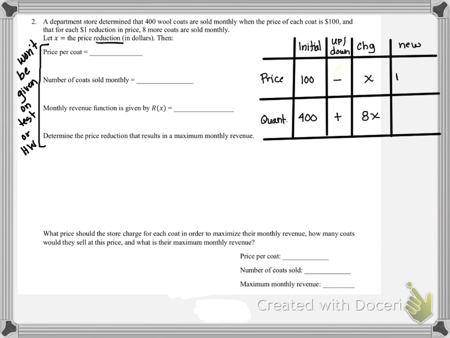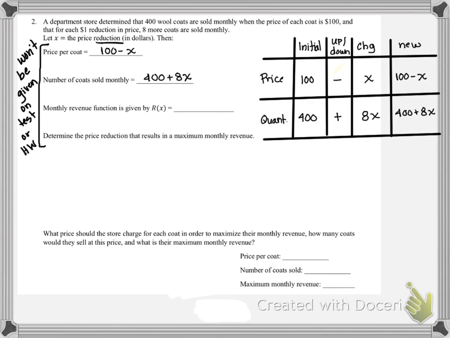My new price is 100 minus x, and my new quantity is 400 plus 8x. And that's what's going to go right here. So 100 minus x, 400 plus 8x.